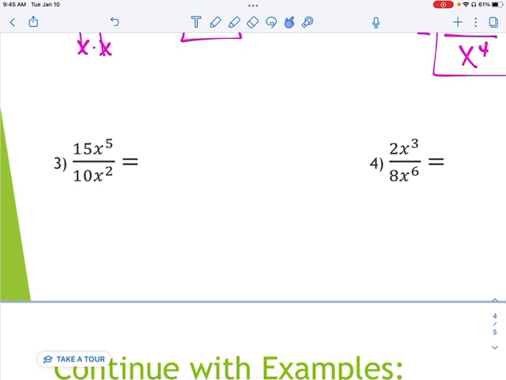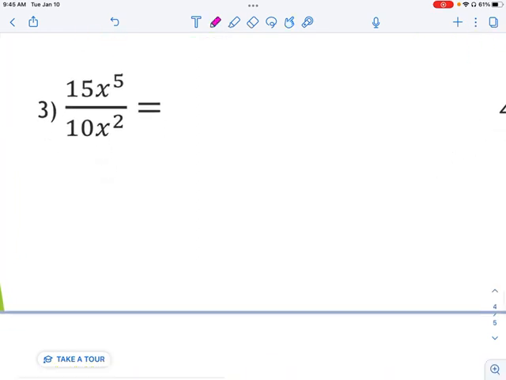All right, now on number 3, when we look at this problem, the first thing we see is we have coefficients now. The coefficients are not part of the base here, but we do need to simplify them if at all possible. So I ask myself, okay, what number goes into 15 and 10? And the answer would be a 5. So 15 divided by 5 turns into a 3. 10 divided by 5 turns into a 2.